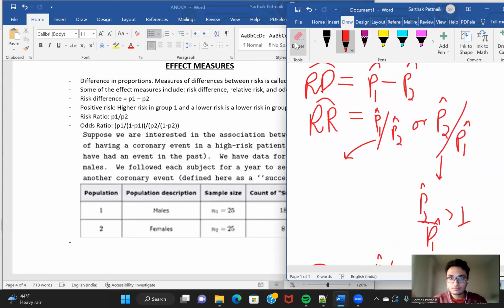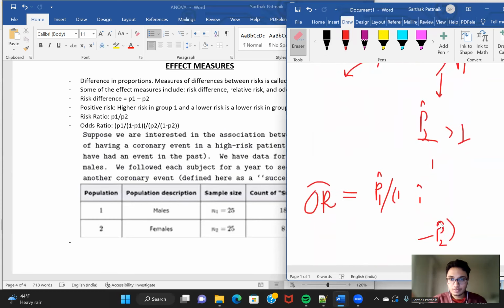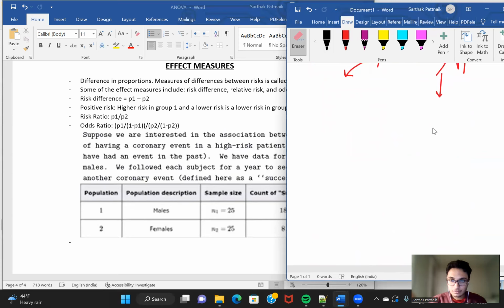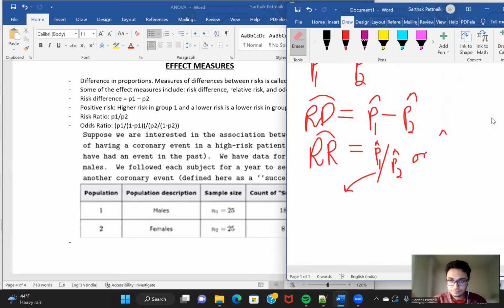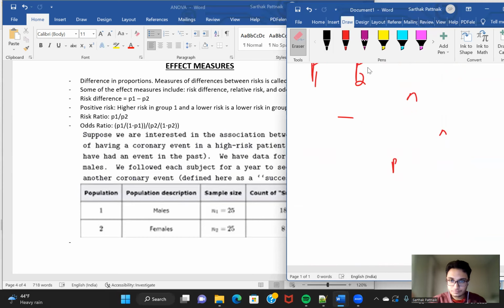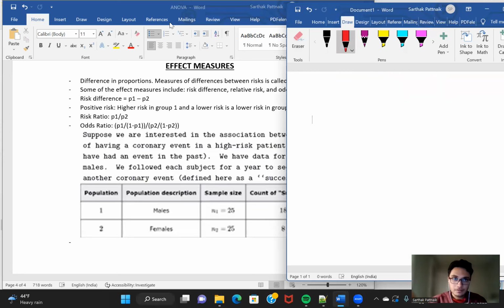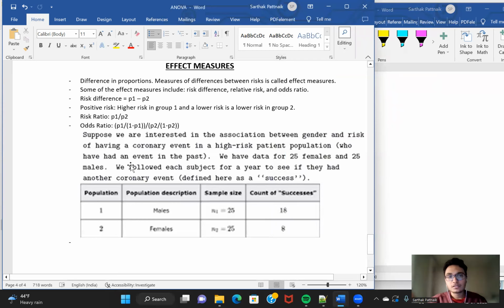Now let us look at a problem. The problem says, suppose we are interested in the association between gender and risk of having a coronary event in a high risk patient population who have had an event in the past.